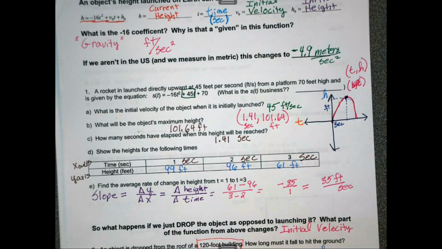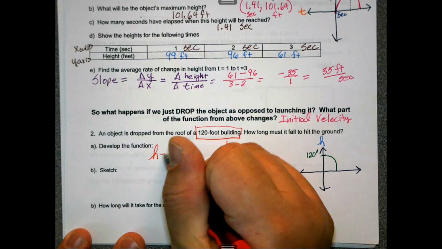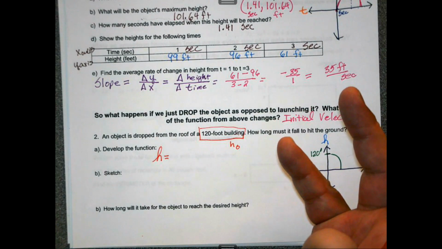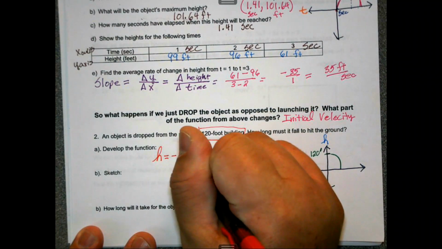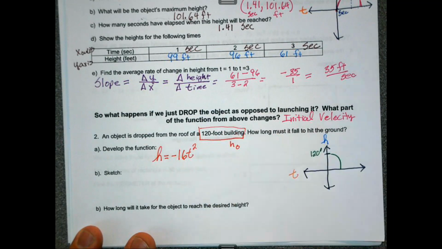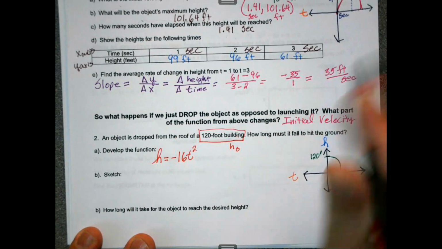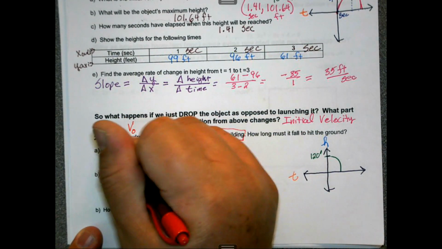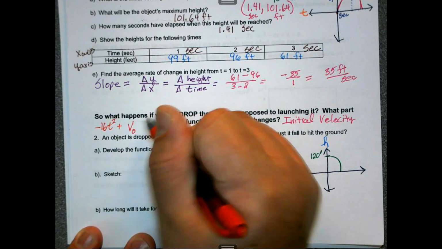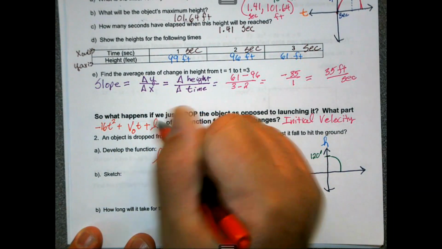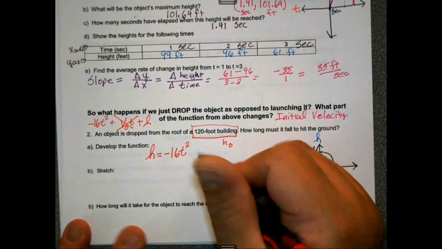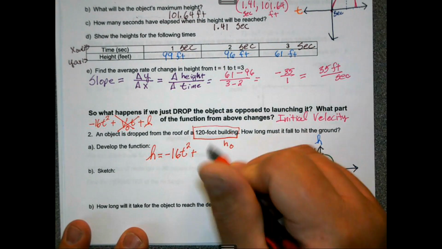So I have h, and that's my cursive h, by the way, equals, I have to have that gravity, no matter what, I always have to have the gravity constant, negative 16 t squared. I'm leaving out the velocity, like say I have negative 16 t squared plus velocity t plus h. I'm leaving that whole term out because we don't need it. So plus initial height h of 0.